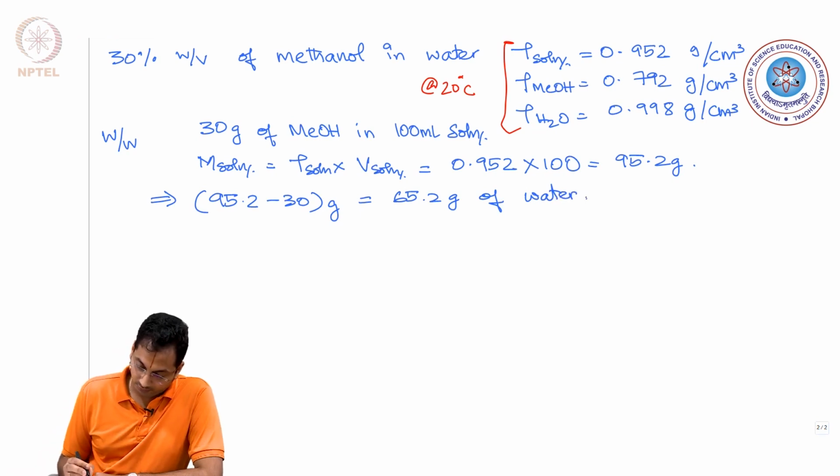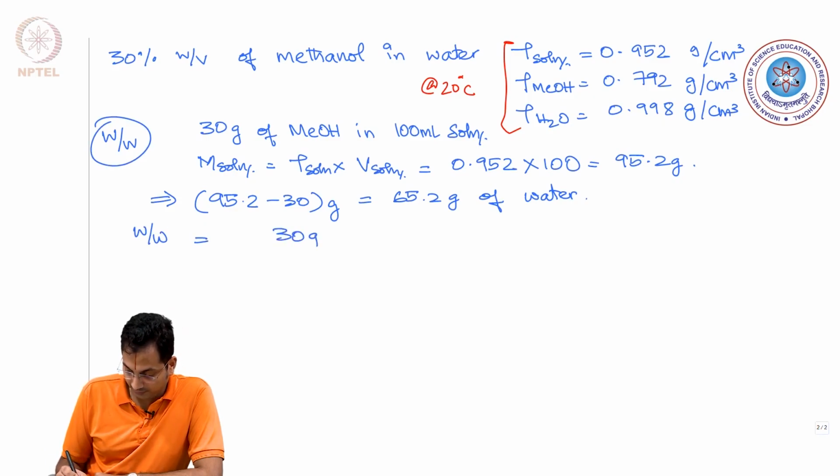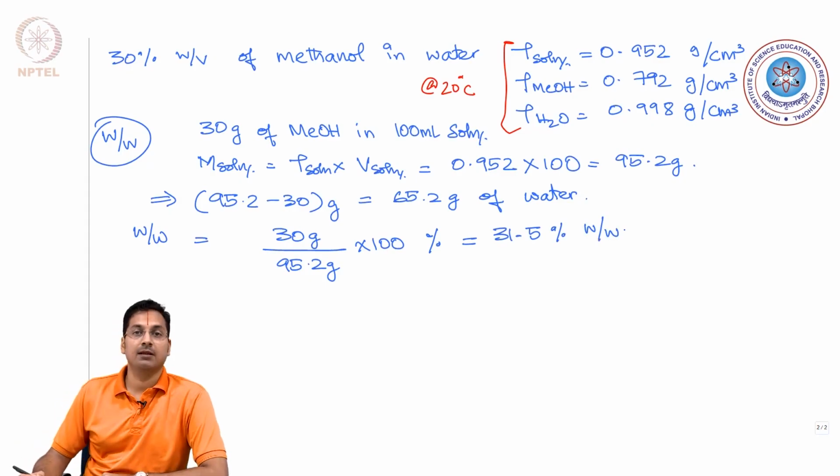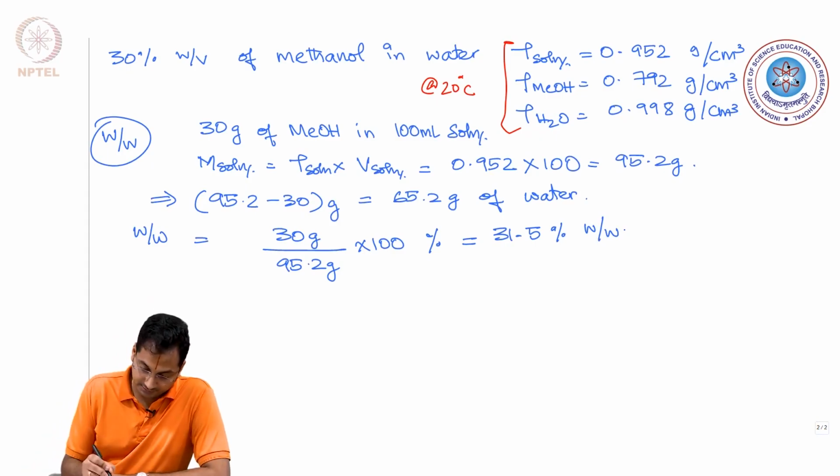So, now to determine what is weight by weight, the total is 30 grams divided by 95.2 grams times 100 in percentage. This will be equal to 31.5% weight by weight.